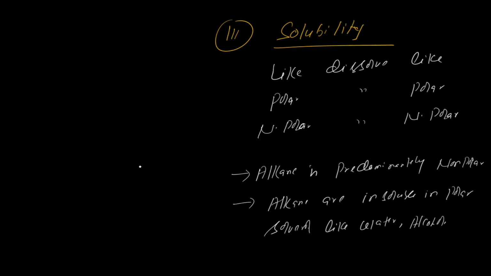Whereas organic solvents, what organic solvents do we have? We have organic solvents like petroleum ether and benzene. These are non-polar in nature, so alkane is soluble in organic solvents.